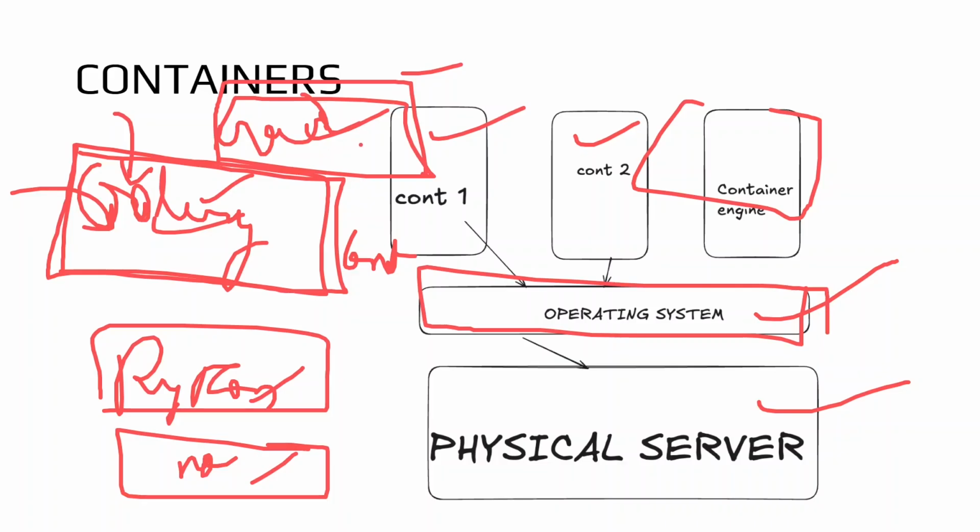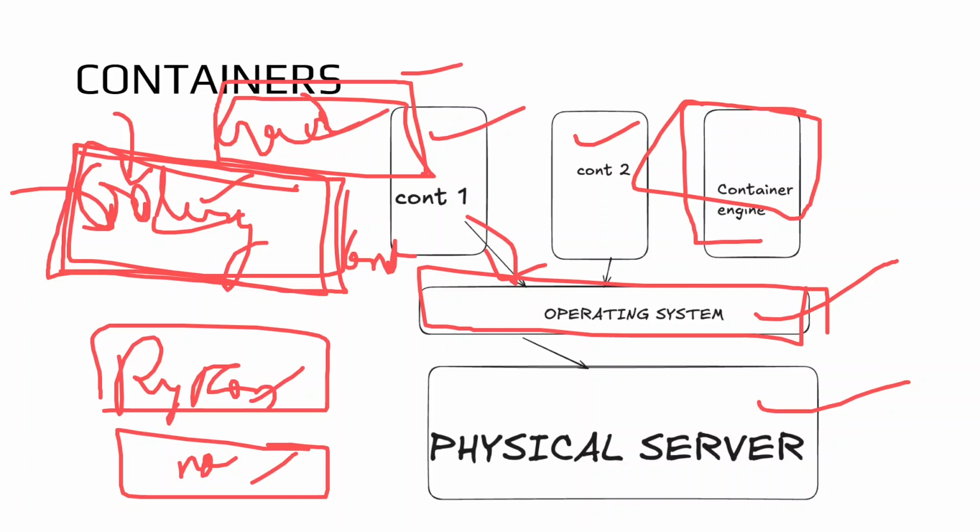We run these containers with the help of this container engine, and what this container engine does is it helps you run all these containers, all this code, on top of this operating system. So this is a very unique use case. You can see people use containers left, right, and center, but it is ideal to use a container in the following scenario.